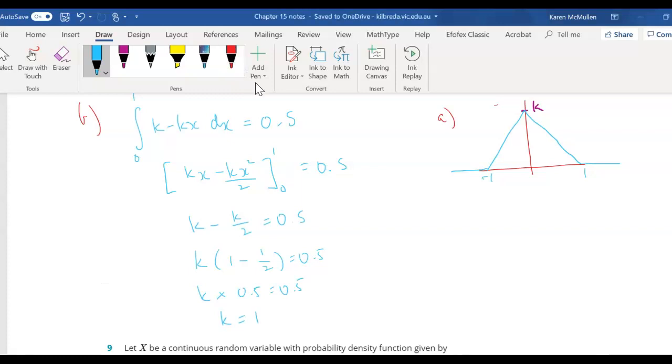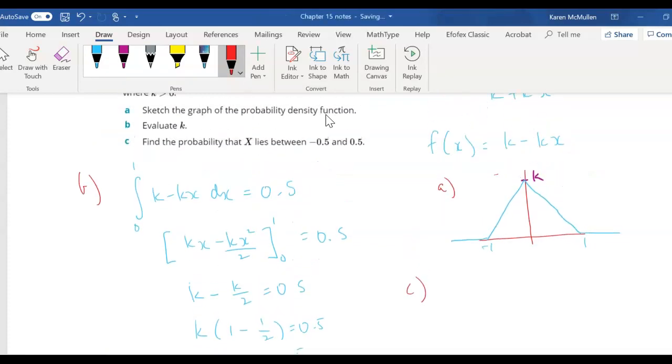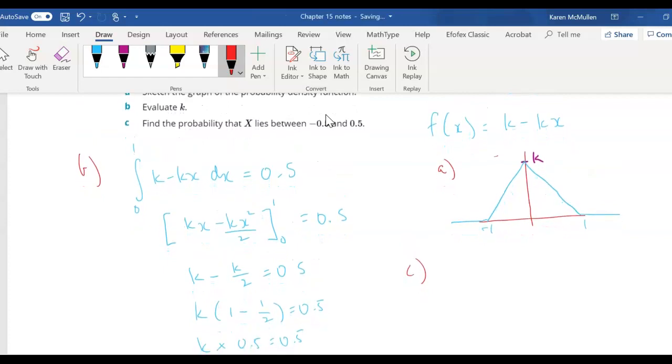All right, so part C, we'll just do over here. Find the probability that x lies between negative 0.5 and 0.5. So let's set up our definite integral. Because we're using two separate functions, so 0.5 is here, negative 0.5, and 0.5 is here.